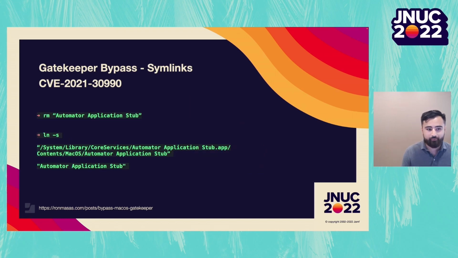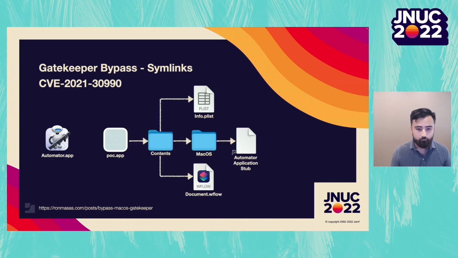Now, to bypass Gatekeeper, we'd simply remove this executable and replace it with a symbolic link to the one located under CoreServices. And what that looks like is simply the following structure. And this will actually allow you to bypass file quarantine, Gatekeeper, as well as notarization checks altogether. So really cool.